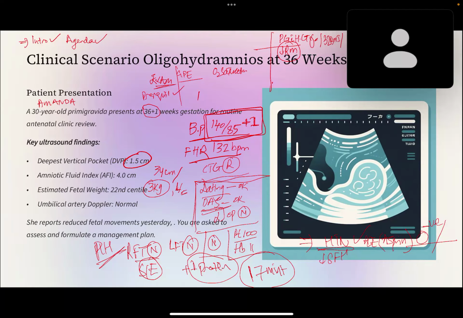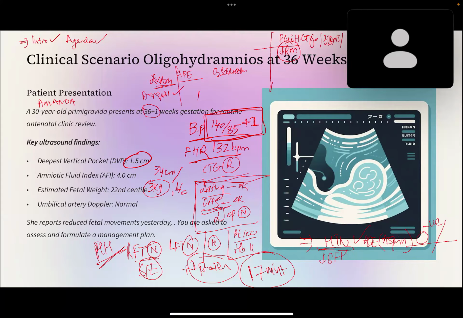How will you manage your patient from now onward? As she is 36 plus 1 weeks, and her FI is 4 centimeter. My plan would be, and her blood pressure is 140/85, and urine protein is +1.